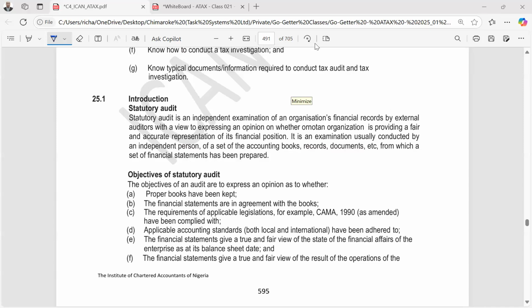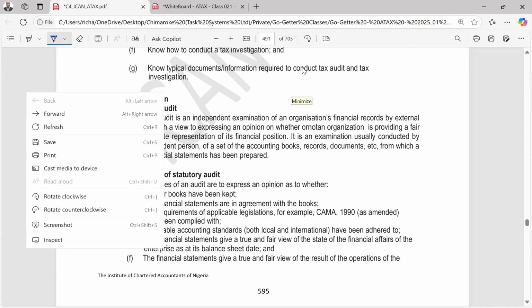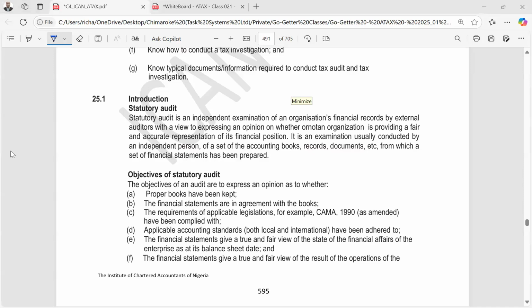All right, so the third objective here is that the requirements of applicable legislation have been complied with. For example, we have CAMA 2020 now. Has CAMA 2020 been complied with when you are preparing your financial statement?